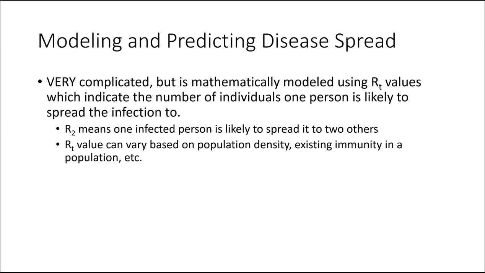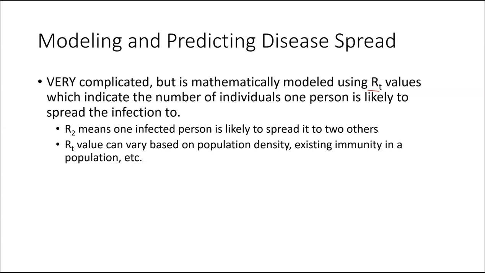So in this case, the R value is like a reproductive value of the virus. But really, it's referring to how many people. If you have one infected individual, the value that's given to R is an indicator of how many other people are likely to be infected by that one individual.